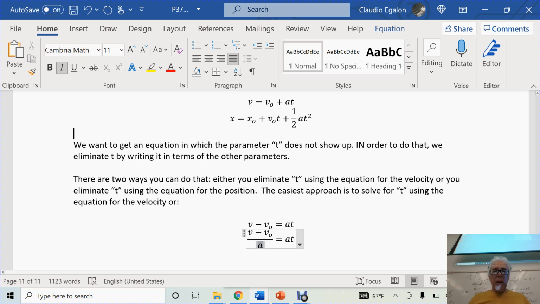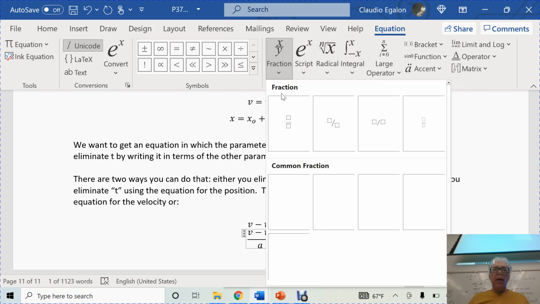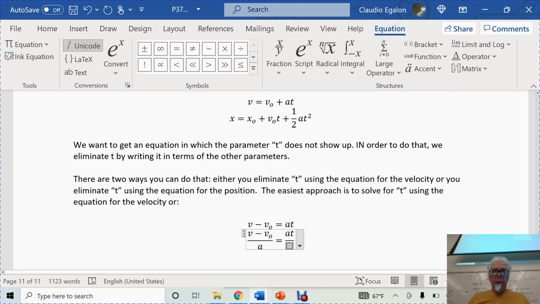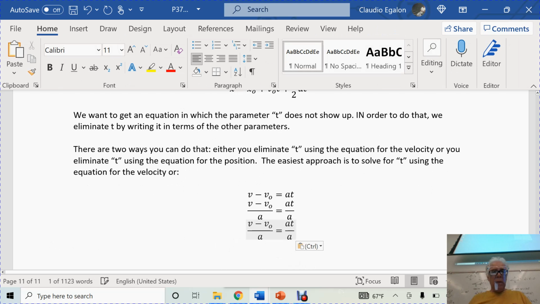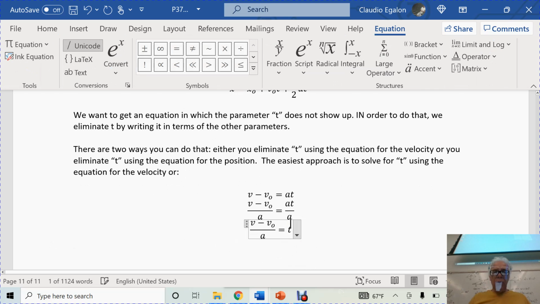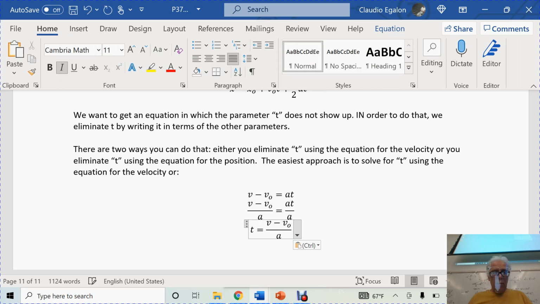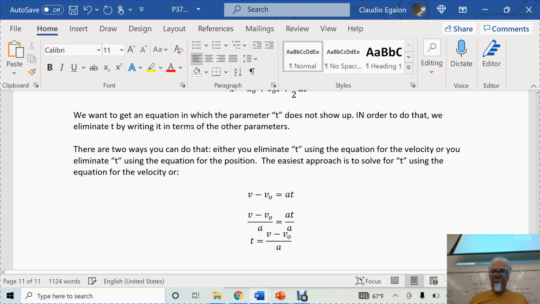Okay, here we go. We solve for t. We put t on the left side. And then what do we do next?